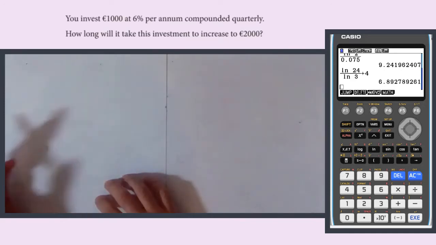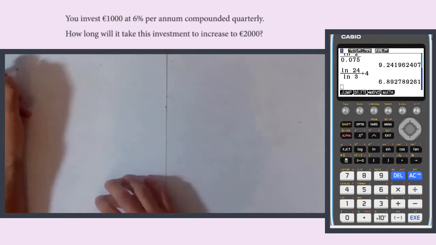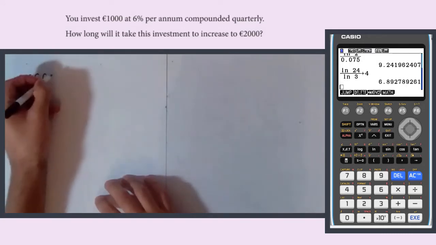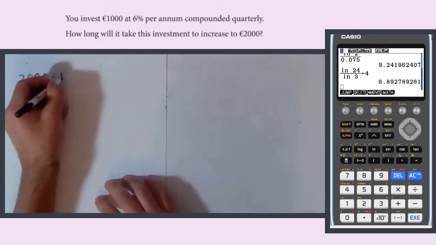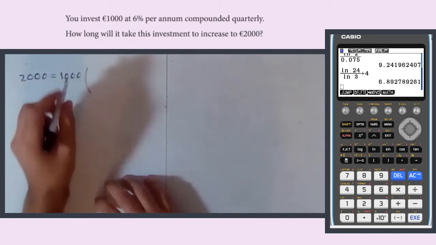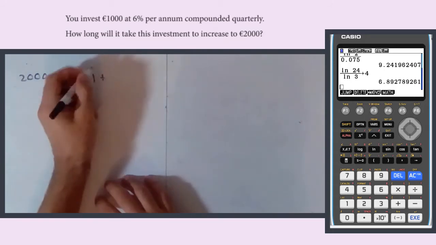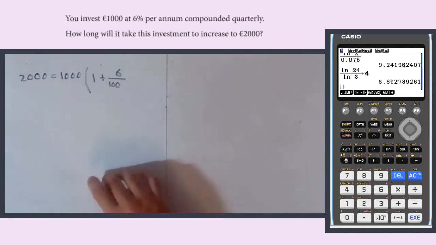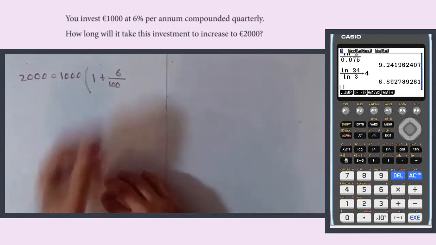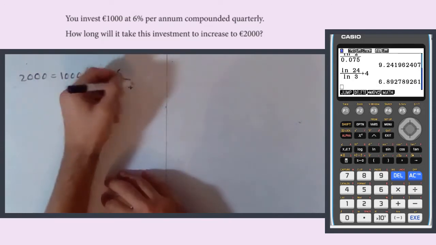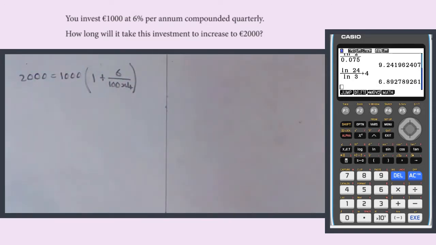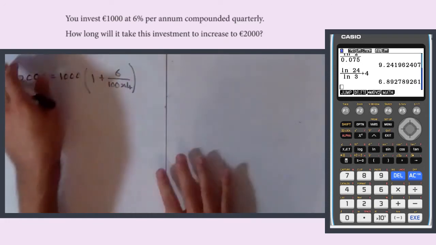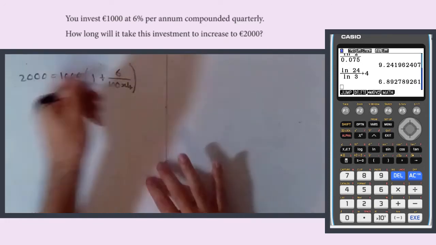We want it to increase to 2,000 euros, so that must be our future value. So 2,000 equals, the present value is 1,000, open the bracket, so 1 plus R, we said was 6%, over 100, K is the number of compounding periods per year, it is 4, times 4, and then the how long is the bit we don't know, so I'm going to put Kn, K is 4, so I'm going to put 4n.